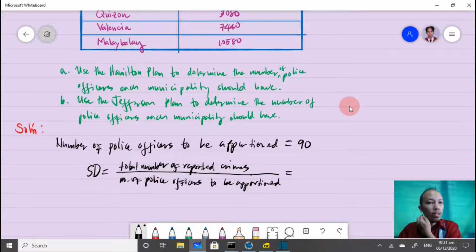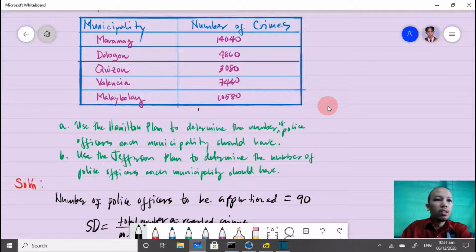If you total the number of crimes, the total here is 40,000.